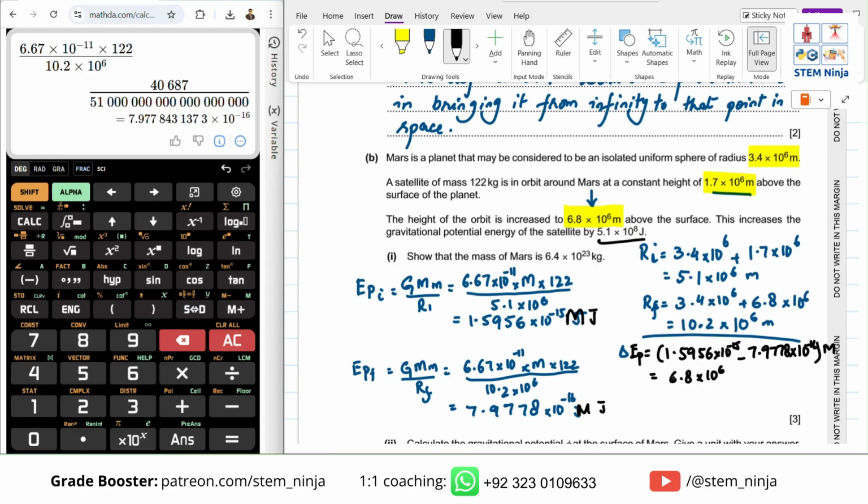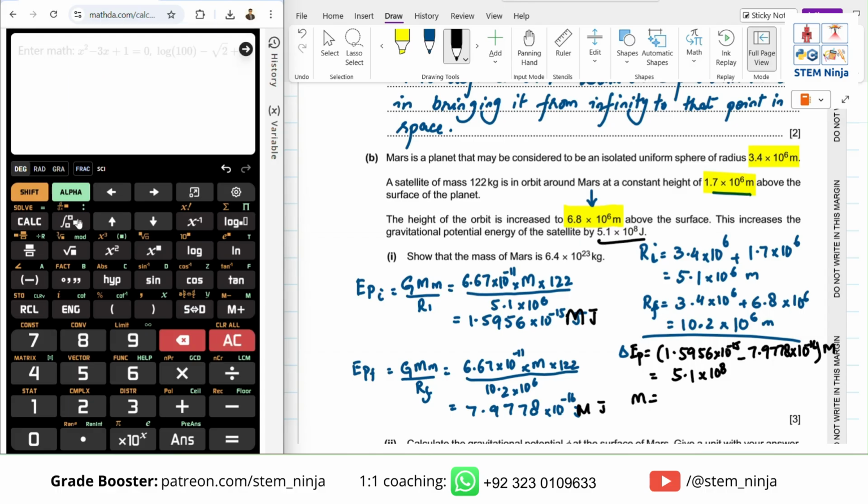Oh sorry, no, it's the other way around. Okay, so now for the M, we just need 5.1 divided by the difference.